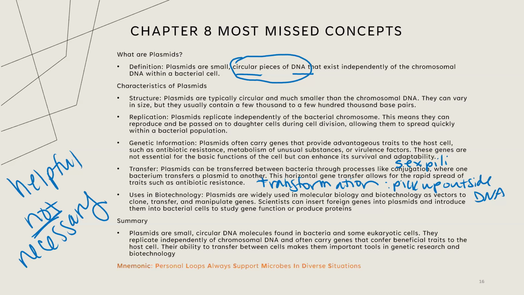Important for gene transfer if you're trying to share things like antibiotic resistance. D is diverse. So we're talking about a range of advantages like antibiotic resistance. And situations: we can use this for biotech, which has different situations. You can see it other than in nature. Okay, so that's our little memory thing for that one.